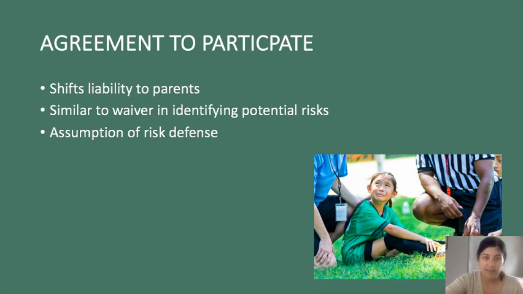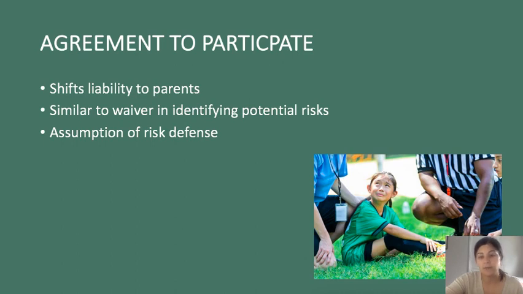Basically, it's similar to a waiver in that it's going to detail potential risks of the program or event, but it's not the same in terms of liability. In an agreement to participate, you are basically shifting the liability to the parents. You're saying that because you're aware of all of these risks, you as the parent are now liable for any kind of injury that occurs to your minor.